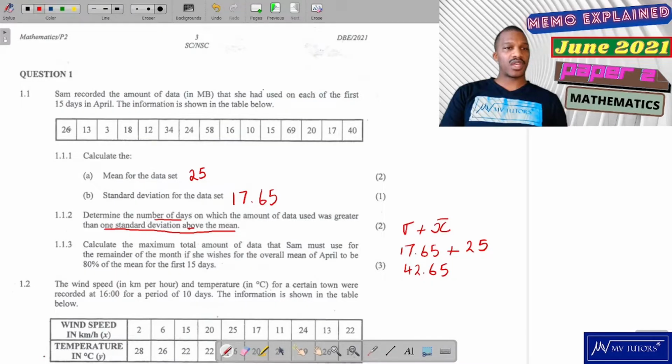So if we look here, this is less than 42. This one is more, so we got 1 there. Less. More than 42, so we got 2 there. Less.